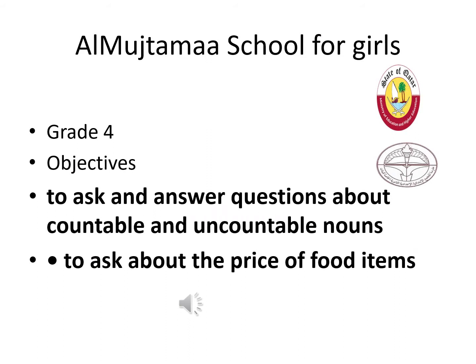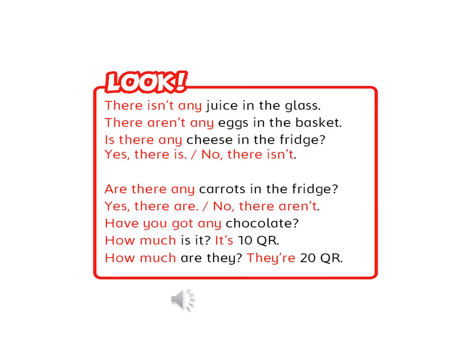The focus of our lesson today is to ask and answer questions about countable and uncountable nouns, and to ask about the price of food items. Look, there isn't any juice in the glass. There aren't any eggs in the basket. Is there any cheese in the fridge? Yes, there is.